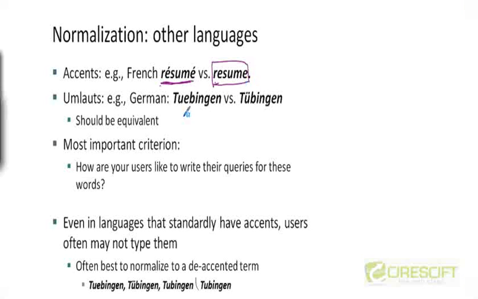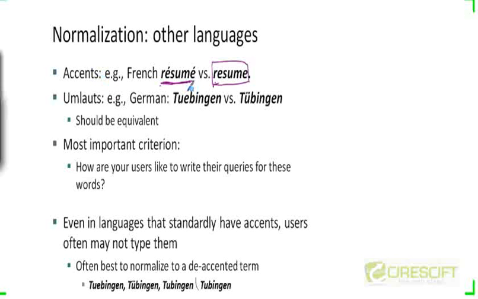Resume means to start something after you've stopped it, and résumé with the accents stands for something very different. So how do you deal with accents in normalization? That's the question.